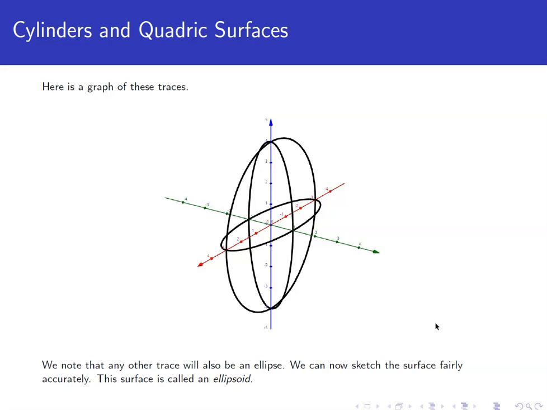Any other trace we try to do that's parallel to one of the coordinate planes, so say something like maybe x equal to 1 or y equal to 3, anything parallel to one of the coordinate planes that intersects this surface will also be an ellipse.